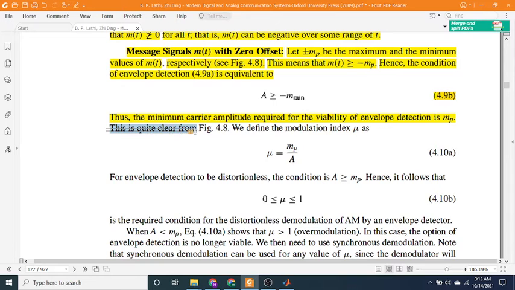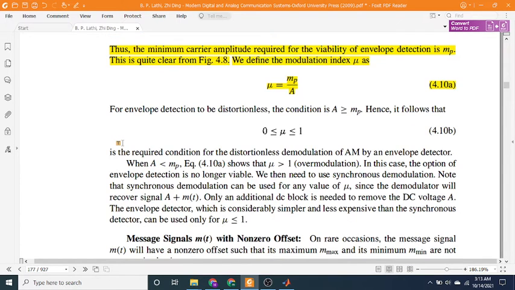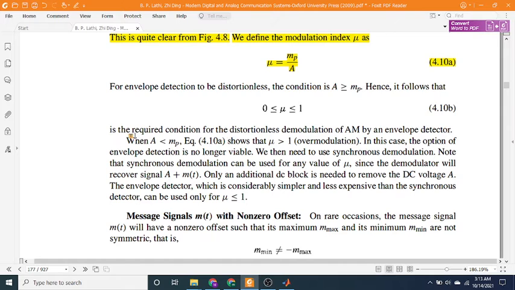This is quite clear from Fig. 4.8. We define the modulation index μ as μ = m_p / A (4.10a).